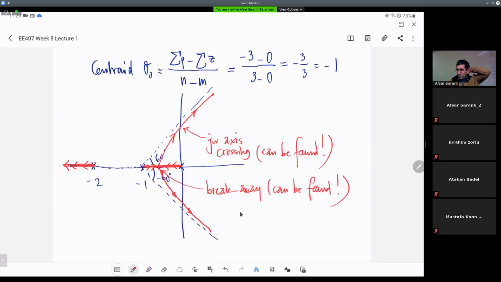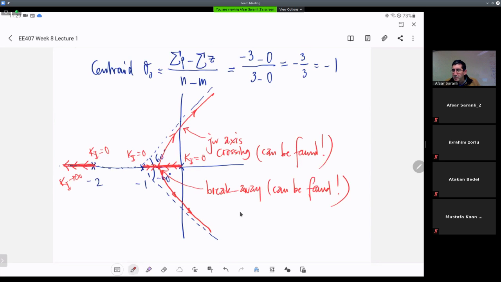Okay, so here is what we see as what happens, right? This ki starts from 0 at these points, the open loop poles, ki equals 0. As ki goes to infinity, one of the branches goes towards minus infinity on the real axis.